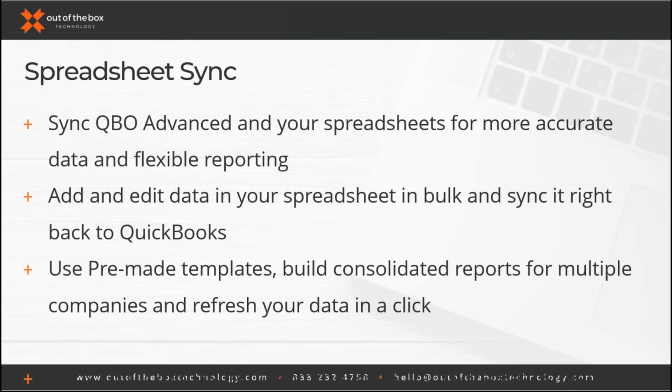To continue tracking multiple entities and companies, you can save these reports and refresh them with the latest data at any time. So with these consolidated reports from Spreadsheet Sync and QuickBooks Online Advanced, you will see more easily your business's health as a whole and get a better view of each subsidiary's impact on the parent business.